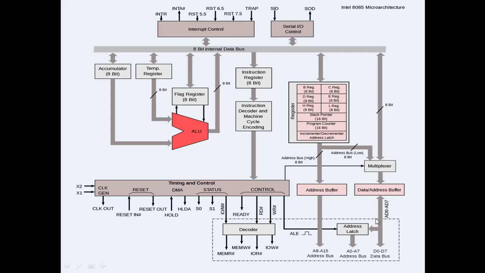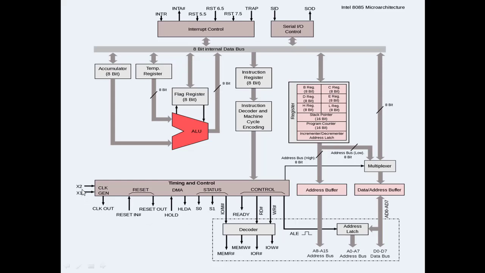Buffer means it is used to provide voltage as well as current gain and to latch the port. It has 5 interrupts: INTR, INTA bar, RST 5.5, 6.5, 7.5 and TRAP, which are controlled by the interrupt controller. It has serial IO communication, which is connected through SID and SOD, serial input data and serial output data. The timing and control signals manage all the internal as well as external controlling signals.